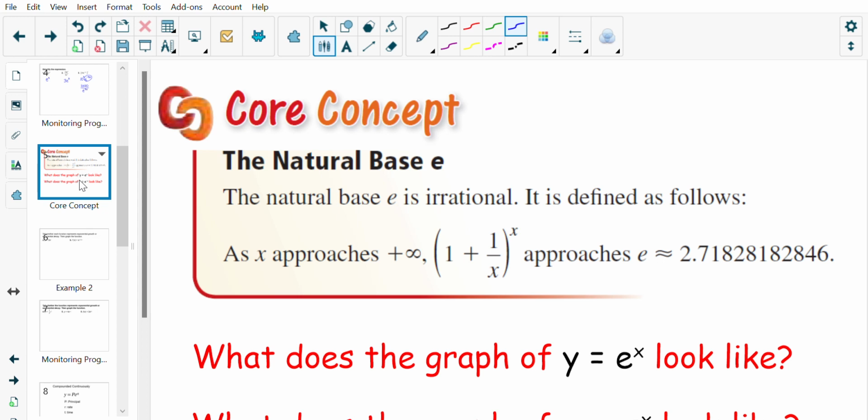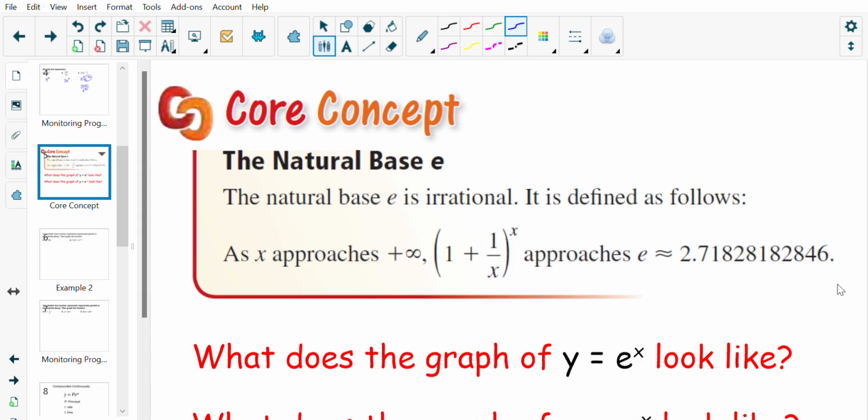Okay, so now let's talk about the actual natural base e. So e is an irrational number, and it is defined as x approaches positive infinity, then it is going to approach this value of e, which is 2.7182, etc. A way to remember what e is: it's very similar to pi.